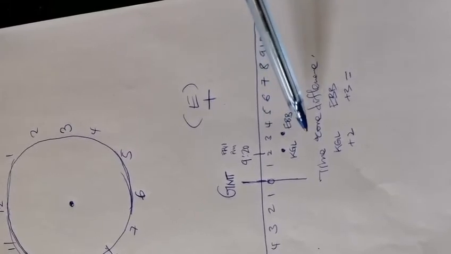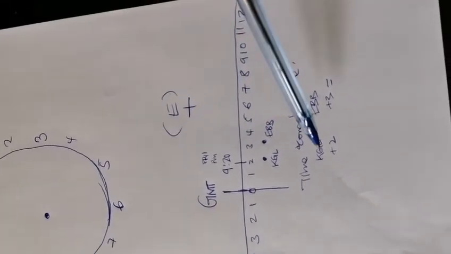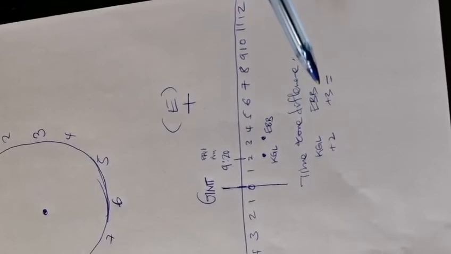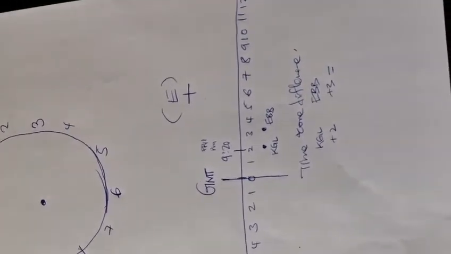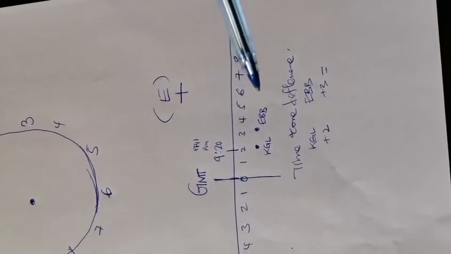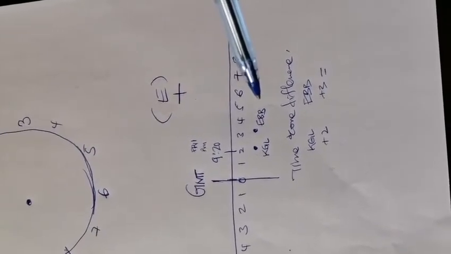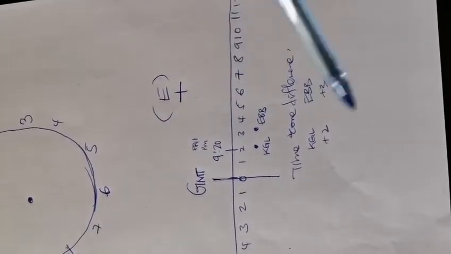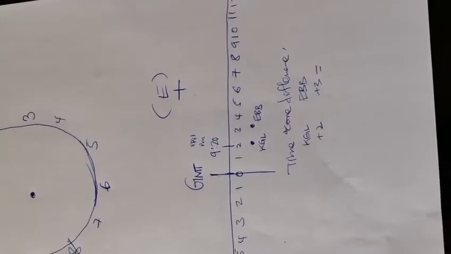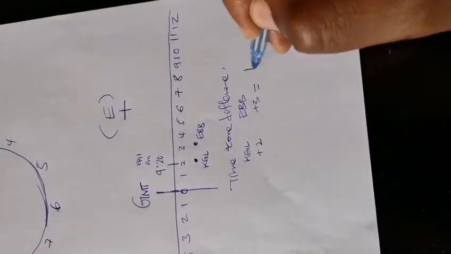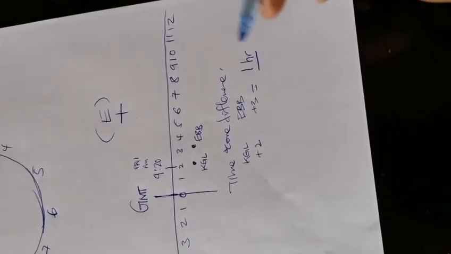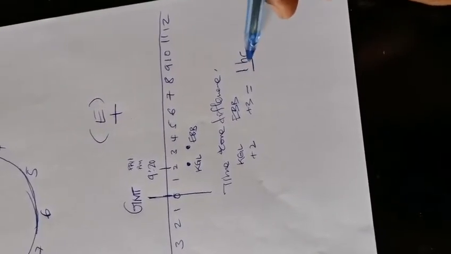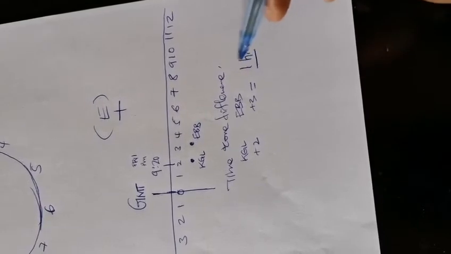So we get the time zone difference. So KGL is +2, EBB is +3. And remember, we said that if the time zones are on the same side, we subtract them. So when we subtract +2 and +3, we get 1 hour. So what are we going to do with this?